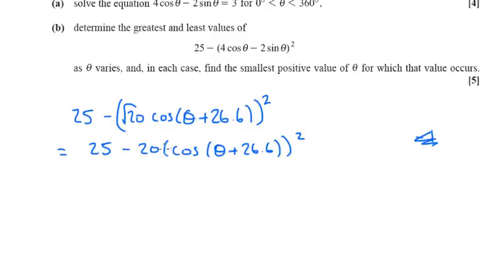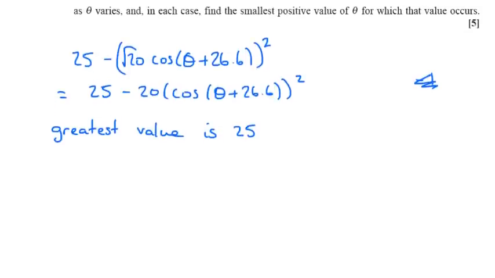So the smallest value is going to come from when this cos theta plus 26.6 term is equal to 0. So we want this whole thing to be equal to 0, and therefore the greatest value is going to just be 25. And that happens when cos of theta plus 26.6 is equal to 0.